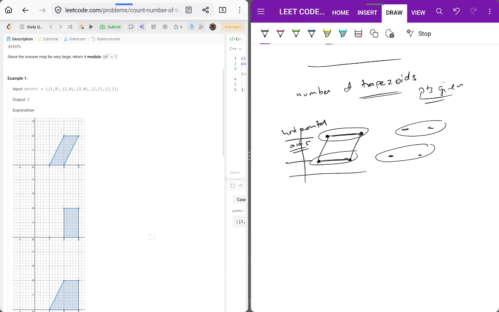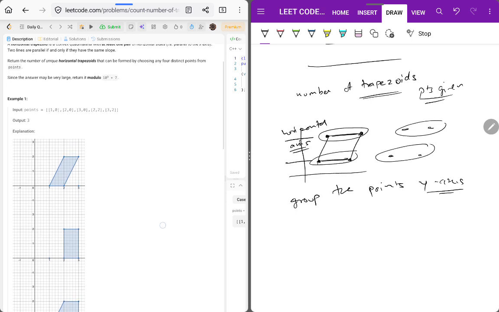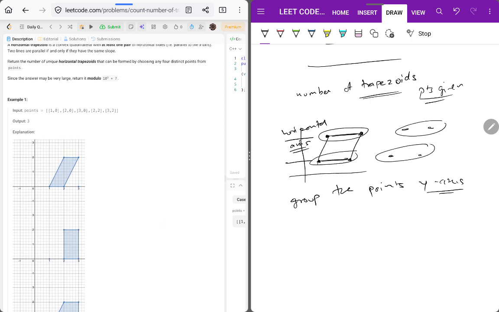So with this inference, what we can do is group the points based on the y-axis, and as there are no duplicate points, x does not matter.